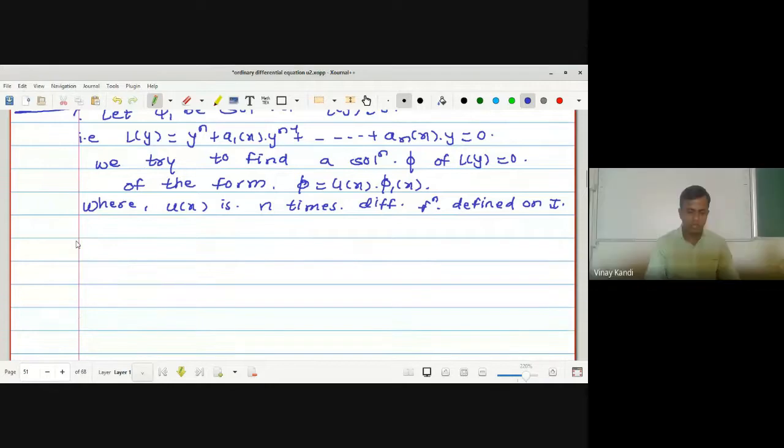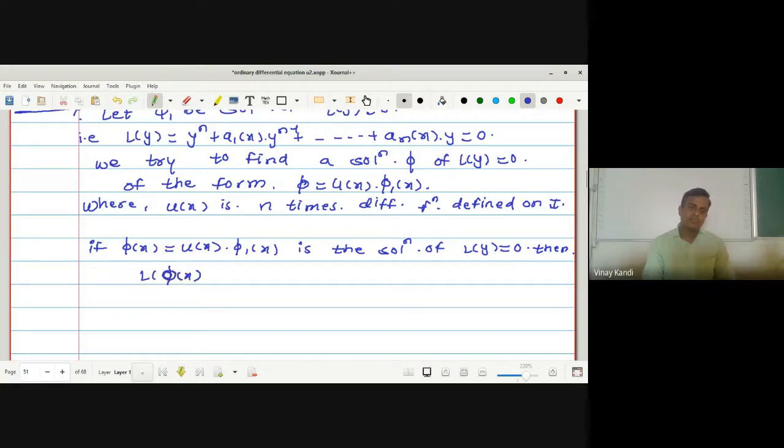No, sir. Now, if phi of x is equal to u of x into phi 1 of x is the solution of L of y is equal to 0, then L of phi of x is equal to 0, which implies L of u of x into phi 1 of x is equal to 0.